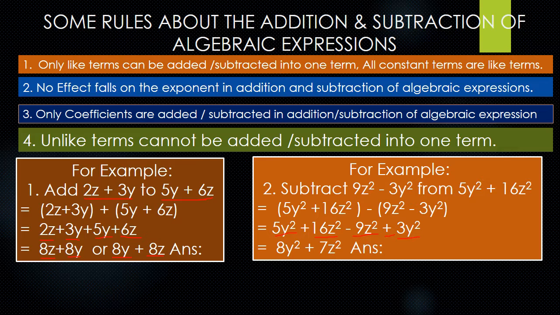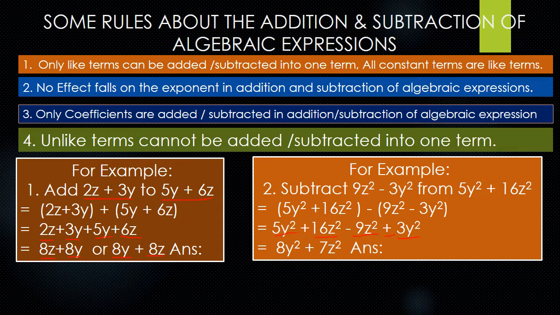In the second case, 16z square and minus 9z square, I will subtract, because when the signs of the like terms are different, they are subtracted from each other. So here we have 8y square plus 7z square, and this is the answer.